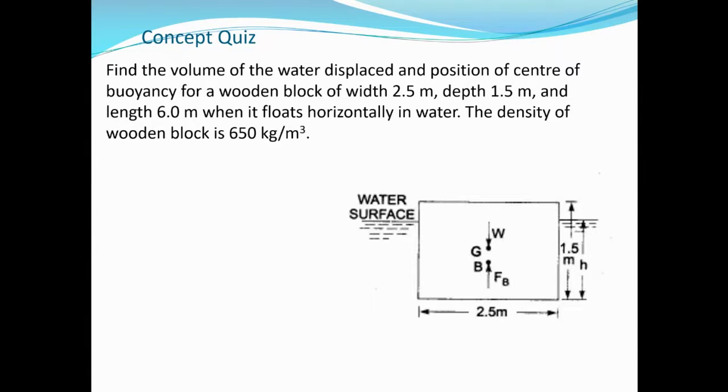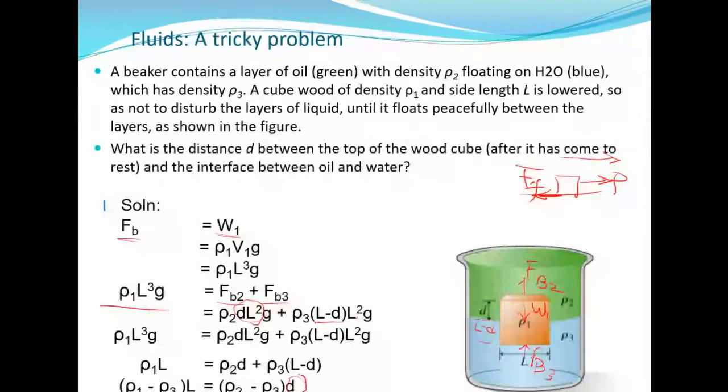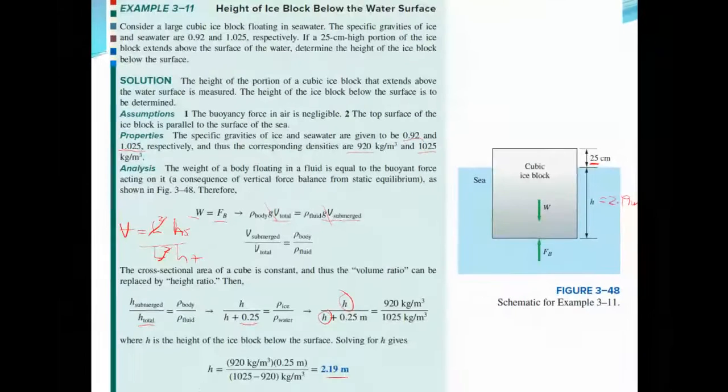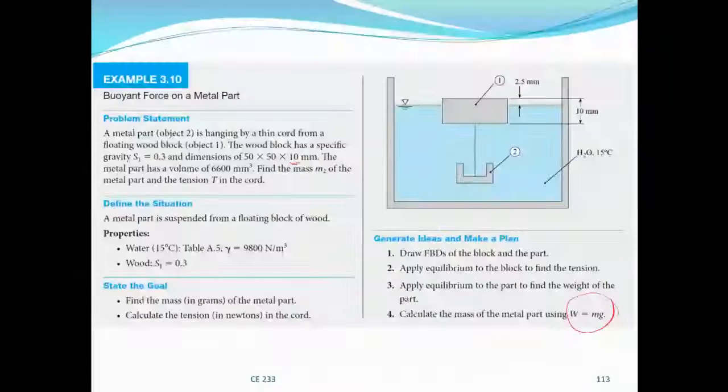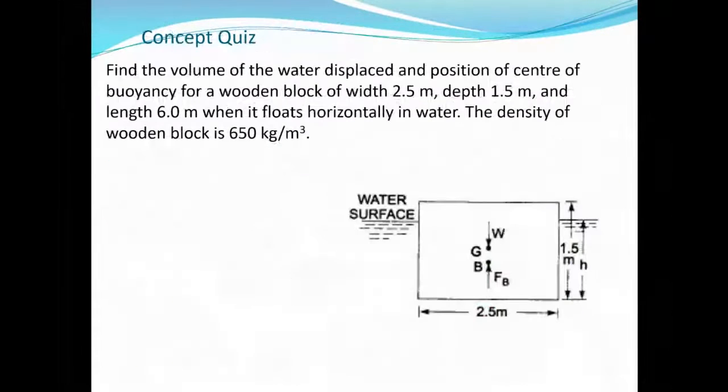The depth of the wooden block is 650. Okay, so this is similar to one of the examples that we solved before, to find H. If you remember, we solved this one. We want to find H.